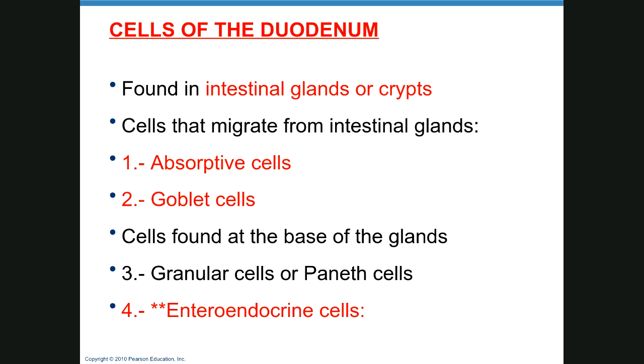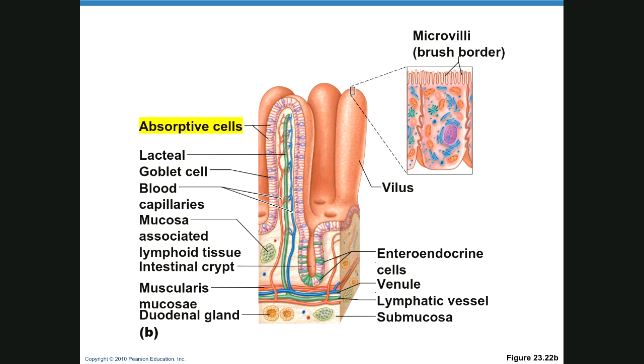Okay, so the small intestine also has glands and crypts, absorptive cells that are going to absorb nutrients, goblet cells that will secrete mucus, and enteroendocrine cells that are going to secrete hormones like cholecystokinin and secretin. The simple columnar cells of the duodenum also secrete enzymes called brush border enzymes. These are digestive enzymes.